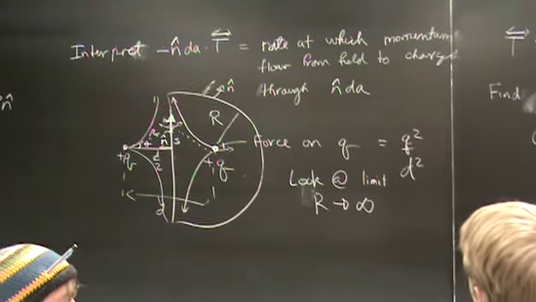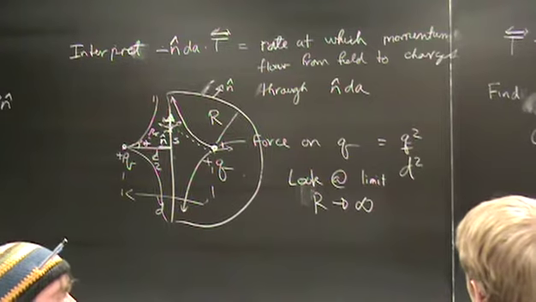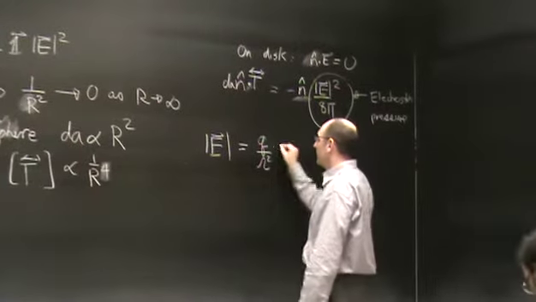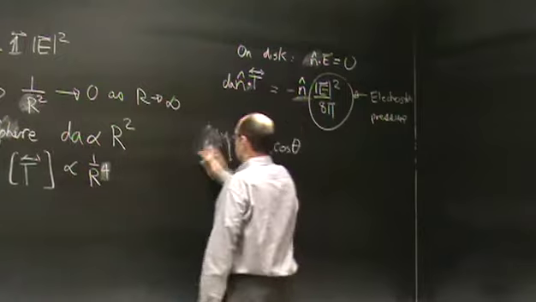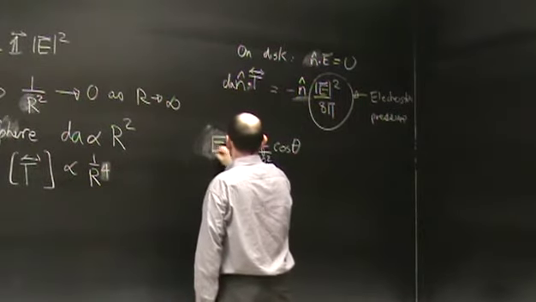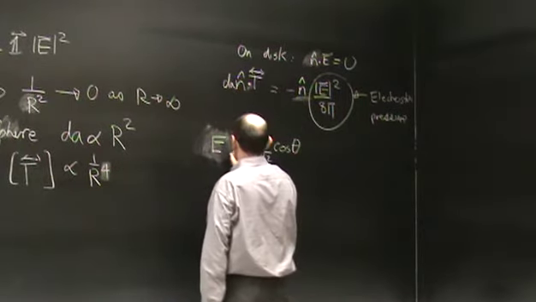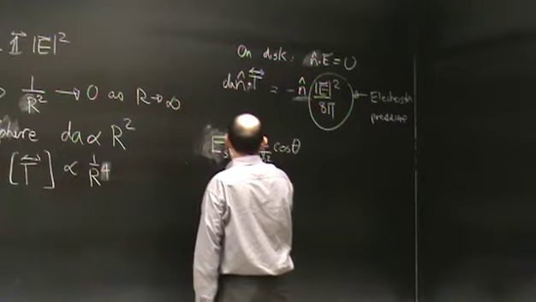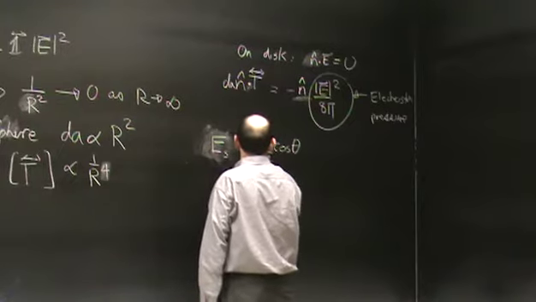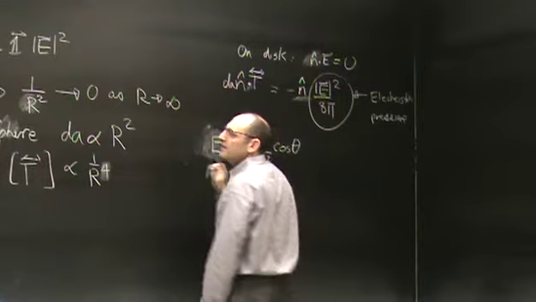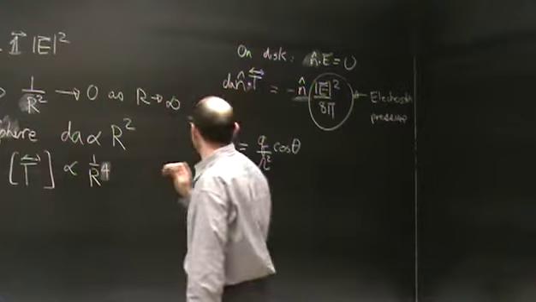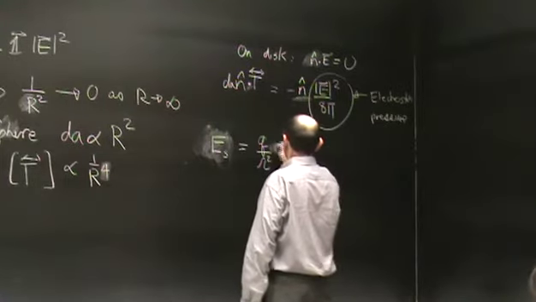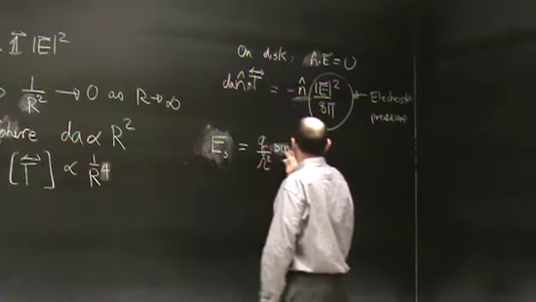So, what is that? Well, the magnitude of E is equal to q over script r squared times cosine theta, or the component along the s direction. Oh, did I screw that up? Oh, yeah, you're right, the sine theta. Sine theta, it's from my notes.